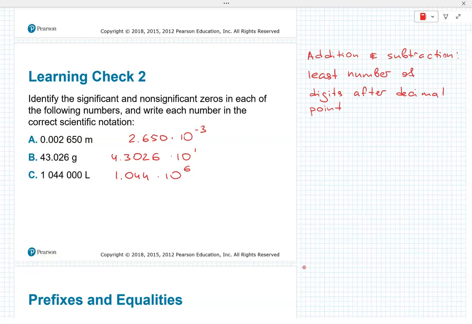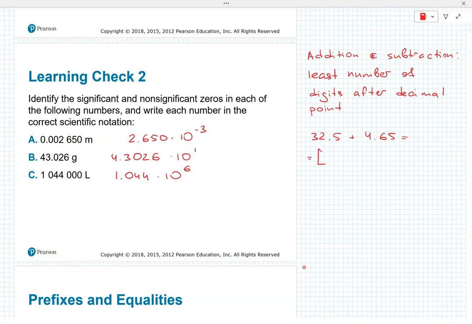So let's say we have two numbers, 32.5, and we add 4.65. Which of these two numbers has less stuff after the decimal point? 32.5. So it means that the result, look at this, I'm going to put a temporary number.